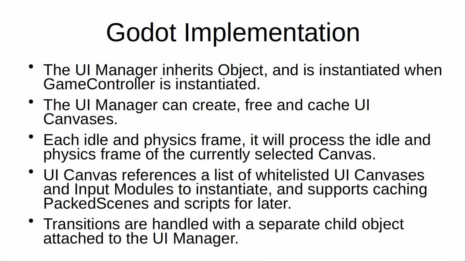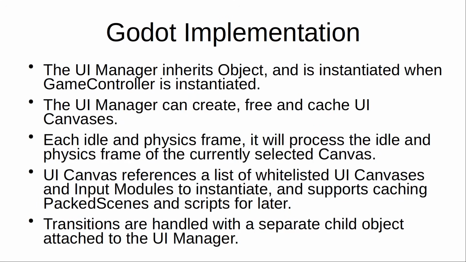And each idle and physics frame, it will process the idle and physics frames of the currently selected canvas, right? So you can swap between canvases, right? That's what the transition is for. It's to allow you to essentially swap between the canvases without causing weird visual bugs.